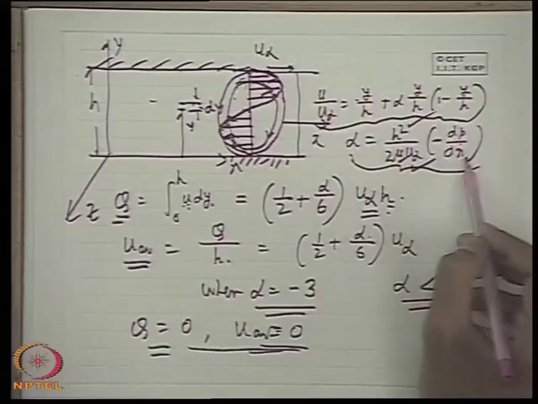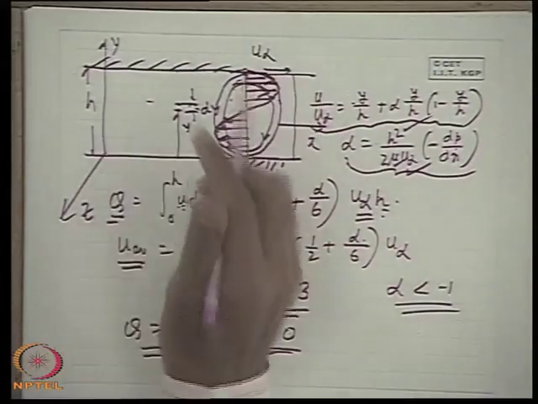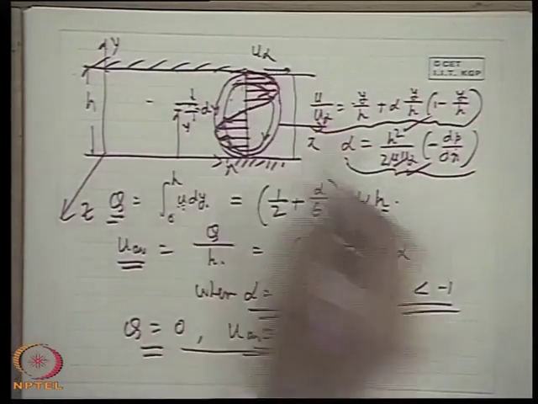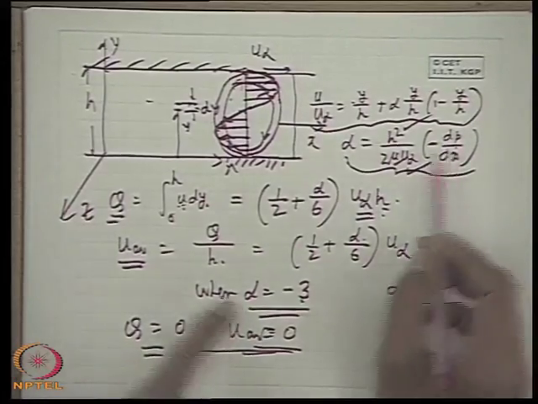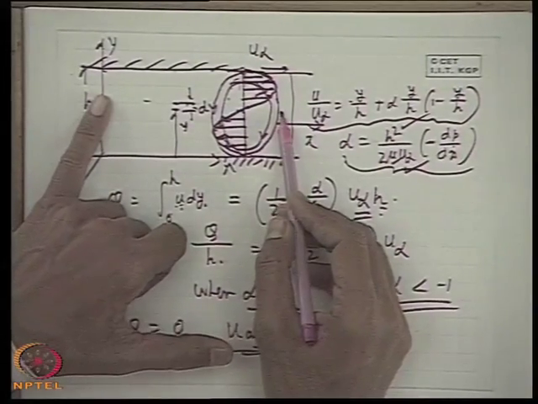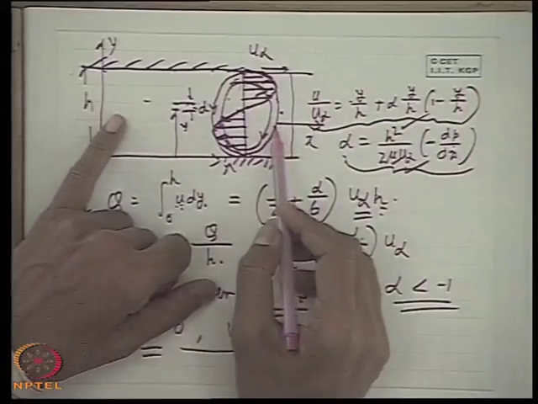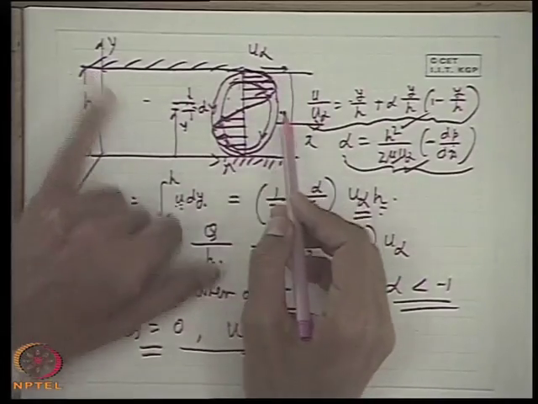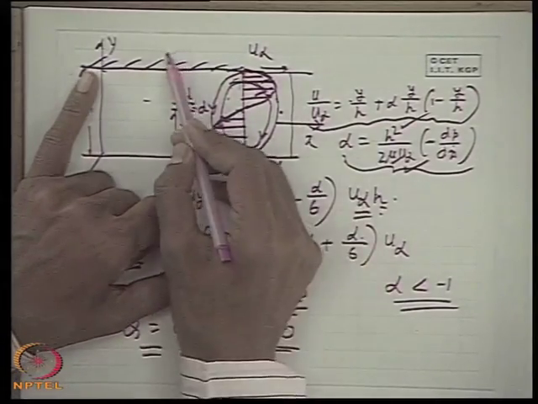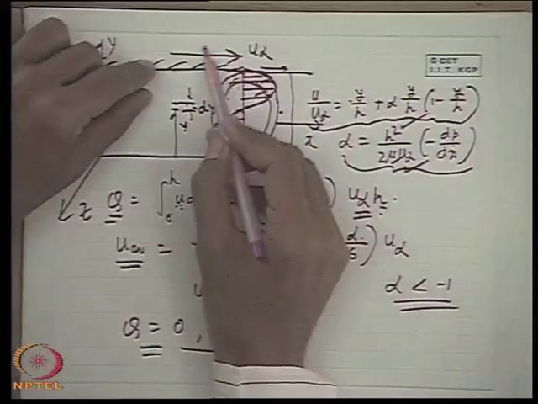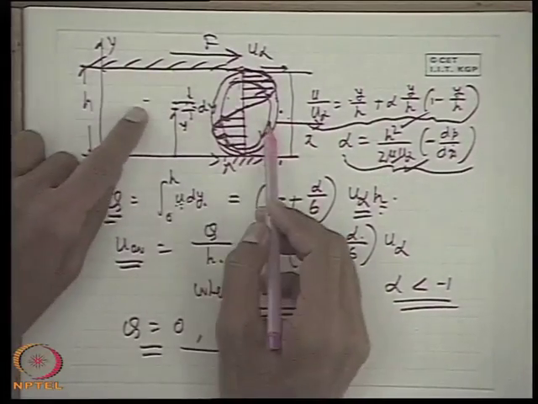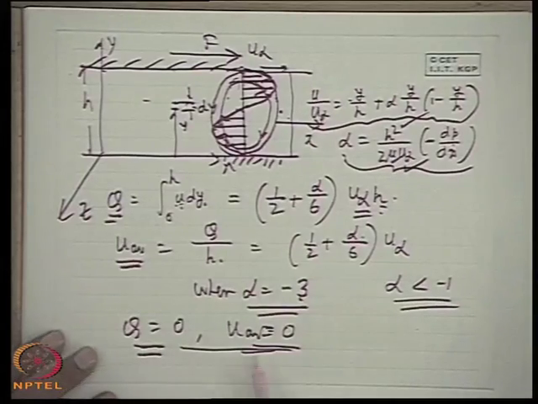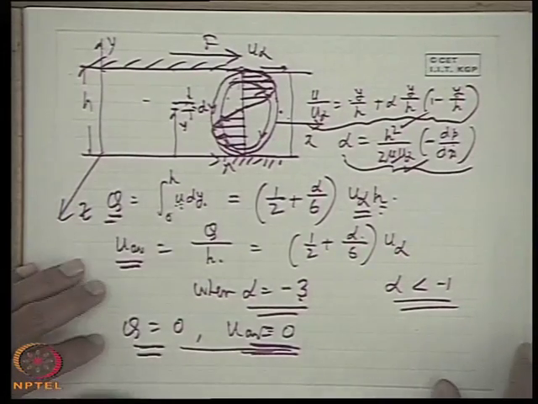The adverse pressure gradient, with alpha equal to minus 3, counterbalances the dragging effect. The plate is dragged by the force acting on it and the adverse pressure gradient counterbalances it, so that the net flow or the average flow velocity becomes 0.